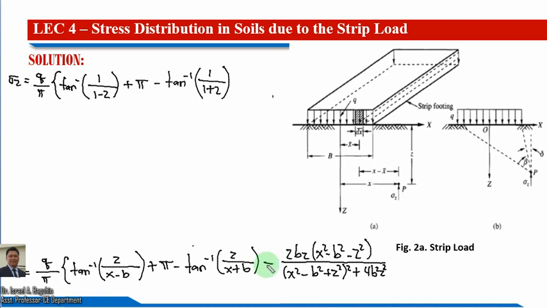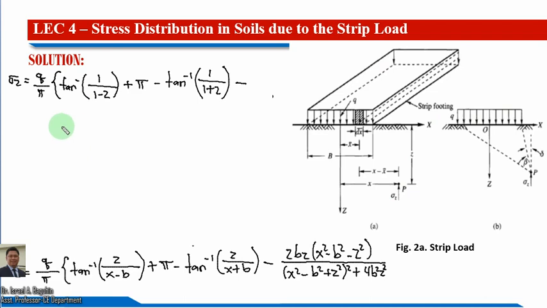Okay, and then we have this quantity here minus 2bz times this one, all over this quantity here.